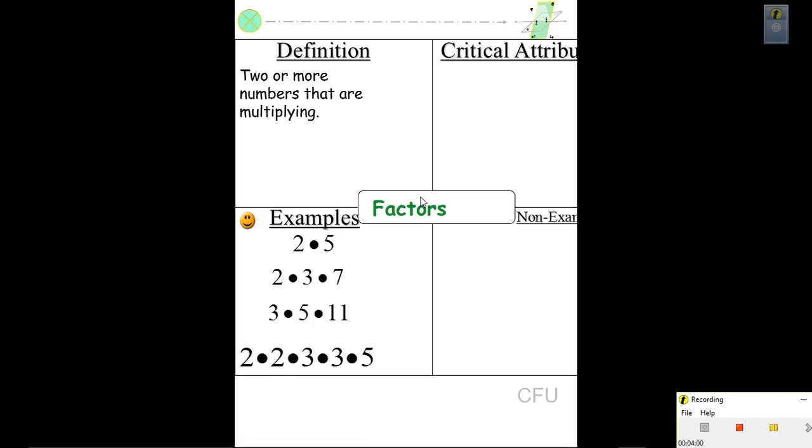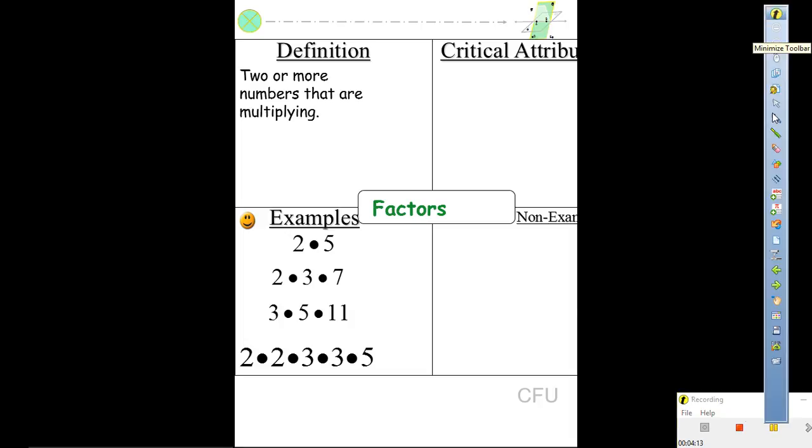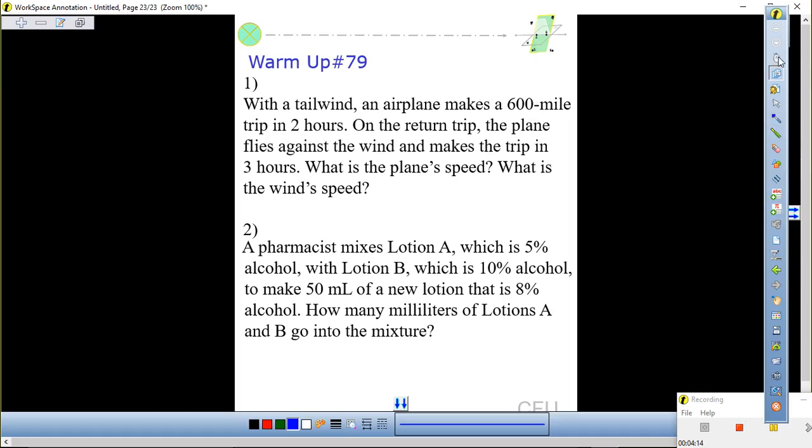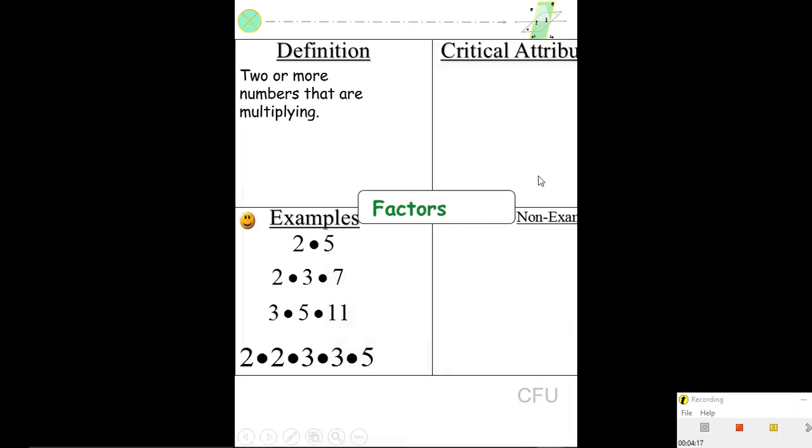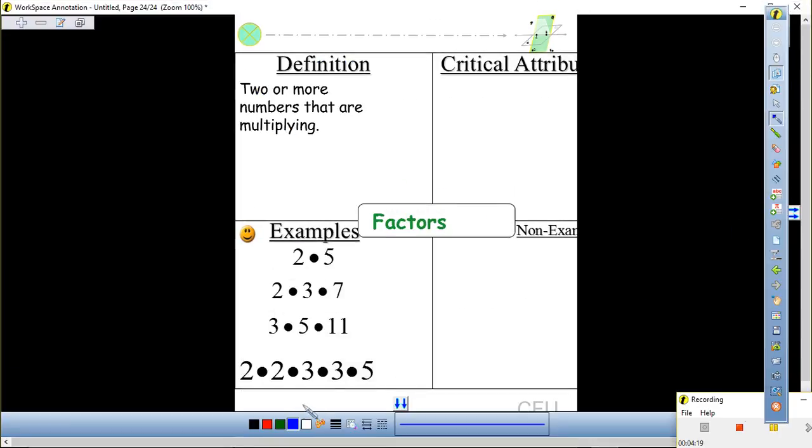Now, we've heard these terms before, right? When we got to multiplying polynomials, remember that? So factors. However, I want to clarify before we move on. According to the definition, factors are two or more numbers that are multiplying. So what if I did this, this one times x? Are those still factors? Yes, because x represents an unknown number.